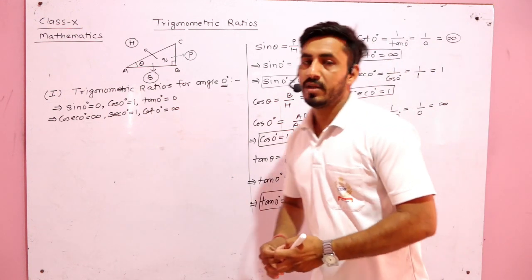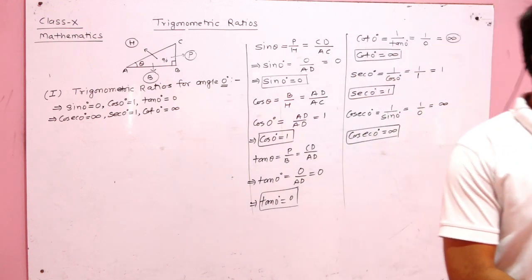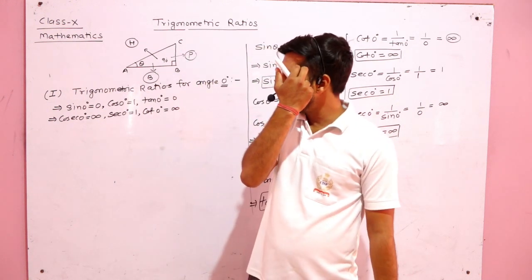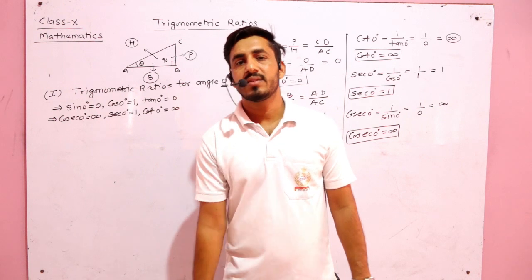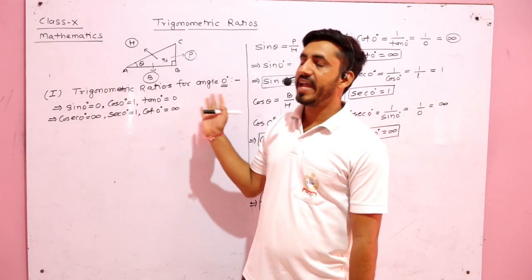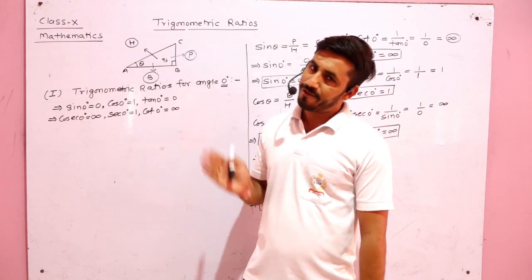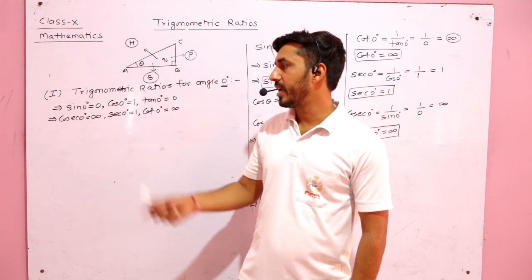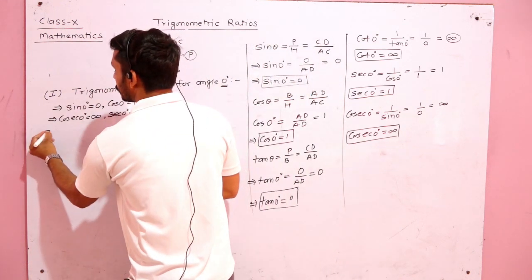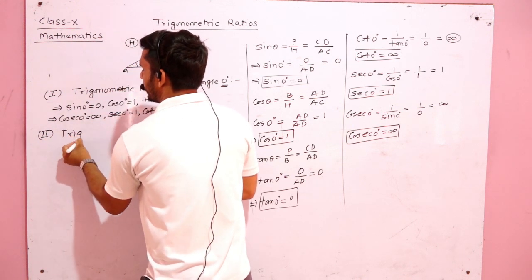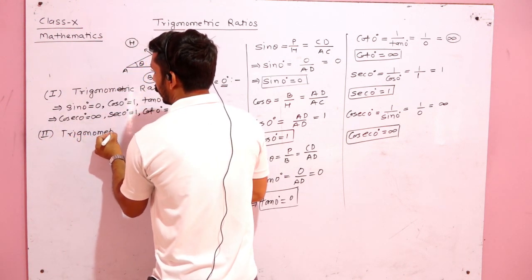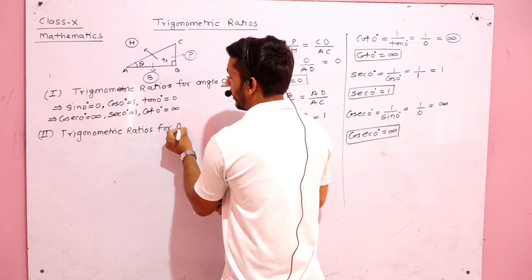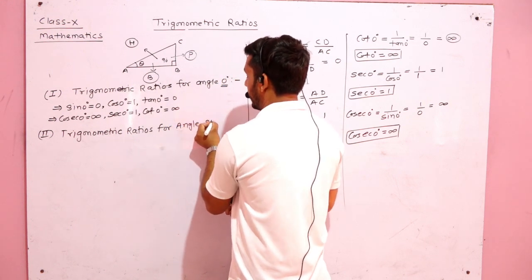In the next condition we will study the trigonometric ratios when I am making the angle go towards 90 degree. If I am taking the angle as 90 degree, then what is the effect or what is the value of the trigonometric ratios? Then the second point will be trigonometric ratios for angle 90 degree.